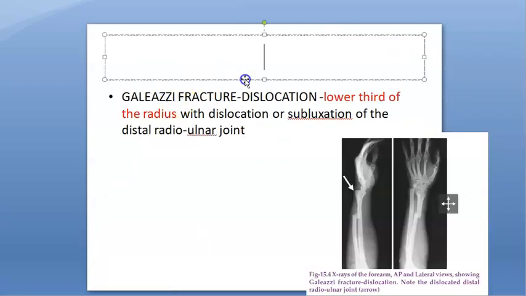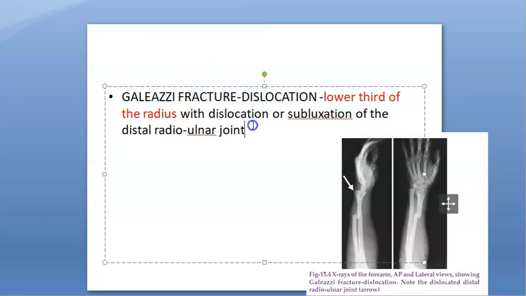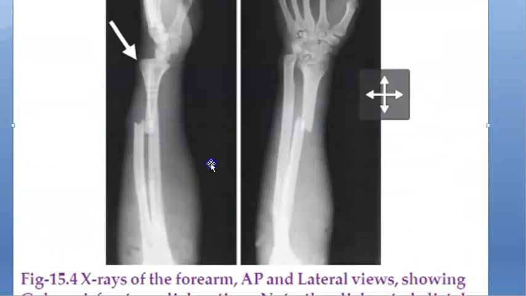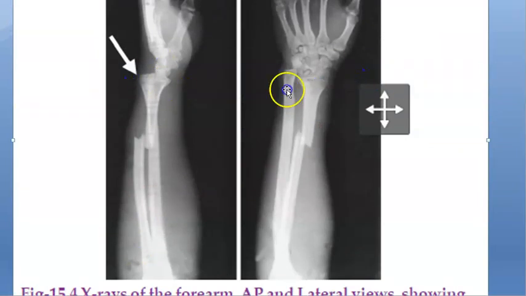Now, proceeding further, look at this one. Galeazzi fracture dislocation, lower third of radius with dislocation or subluxation of the distal radioulnar joint. You are coming near the wrist almost now because it's the distal radioulnar joint. What is fractured here? The radius, okay, the lower third of radius. So this is near your wrist joint now. So here you can see the radius is fractured.